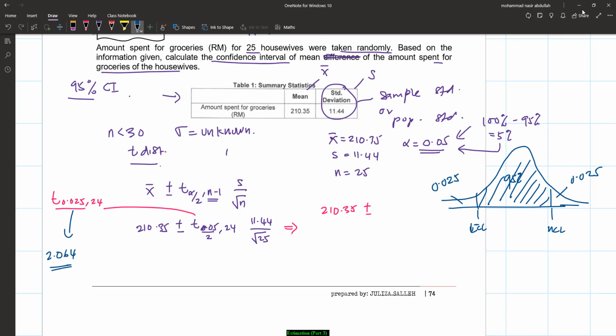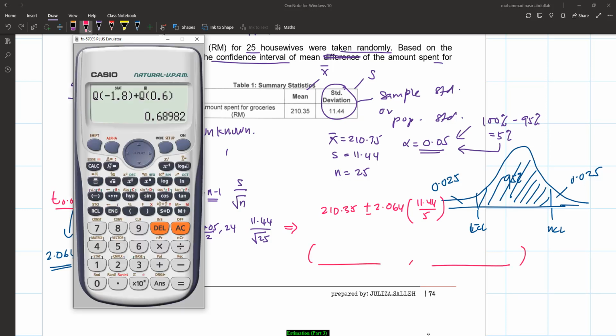So we need to input into the formula lah. 2.064 multiply with 11.44 divided by 5. So our lower confidence interval and upper confidence interval. Input into the calculator, right?